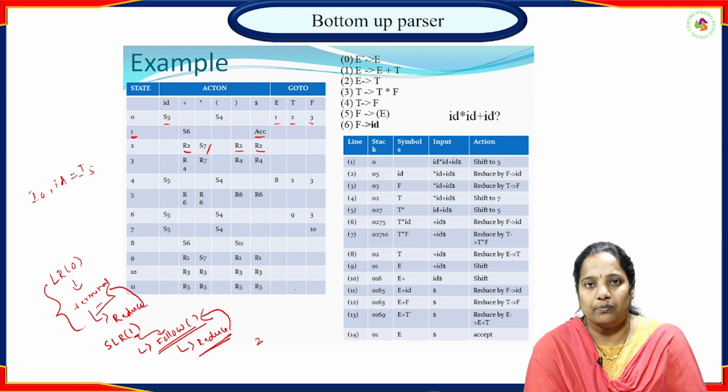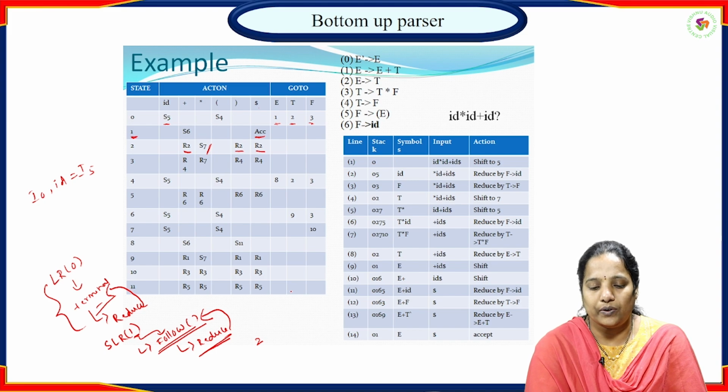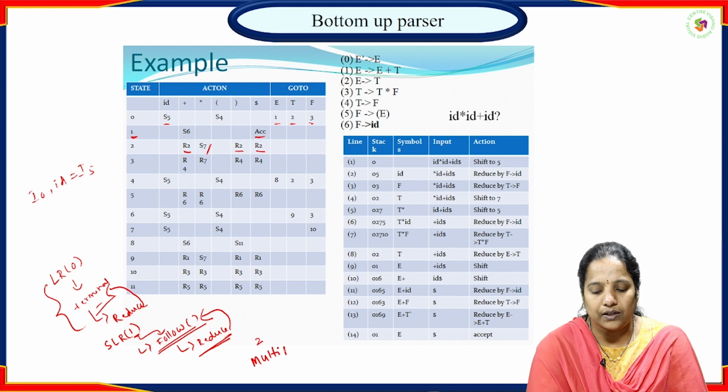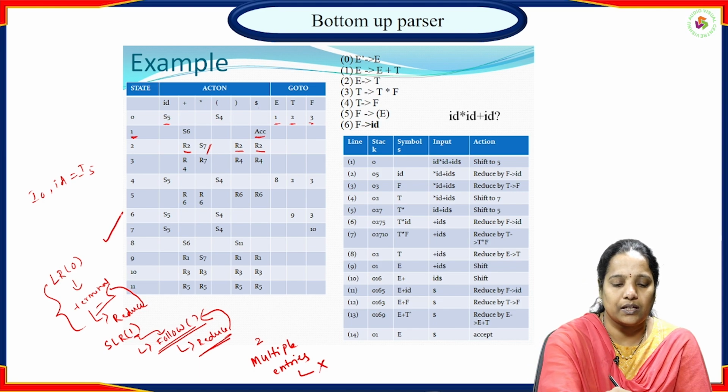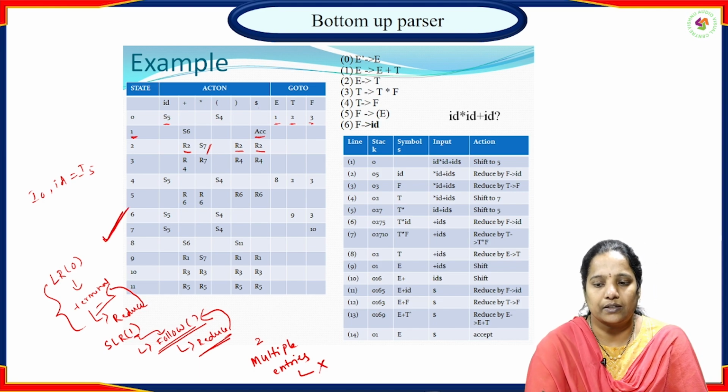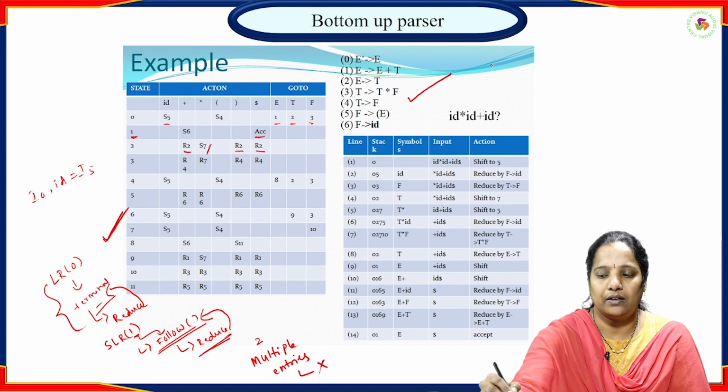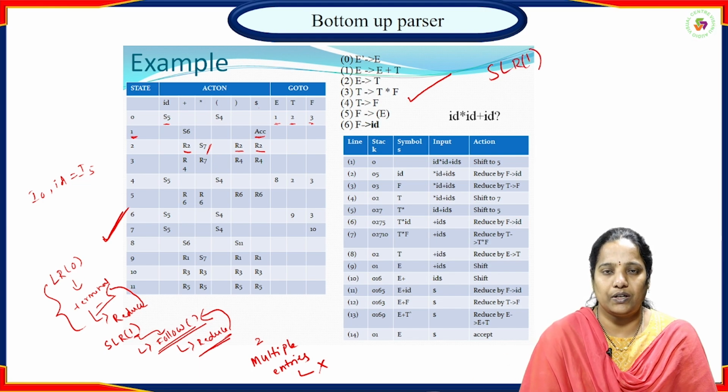After constructing the parsing table, we need to verify whether we have any multiple entries for a single cell. When we observe the table, we don't have multiple entries. For this table, we don't have multiple entries. Whatever the grammar is there, we can call it SLR1 because we don't have any multiple entries.